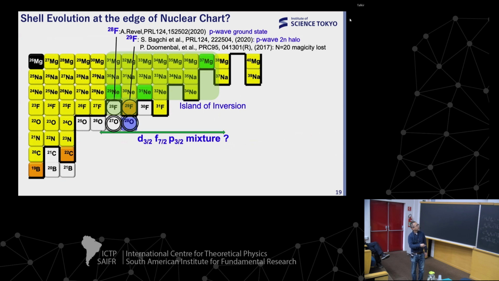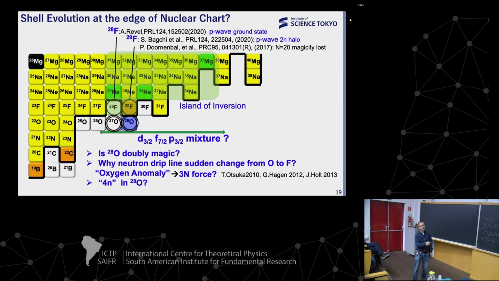So now really the question is here. How about oxygen isotopes? About oxygen isotopes, there's another point, called the oxygen anomaly. You see here the drip line shape is very funny, because the drip line is usually gradually changing like this, but suddenly it has some vacancy here. For instance, the oxygen isotopes end at oxygen-24, neutron number 16.